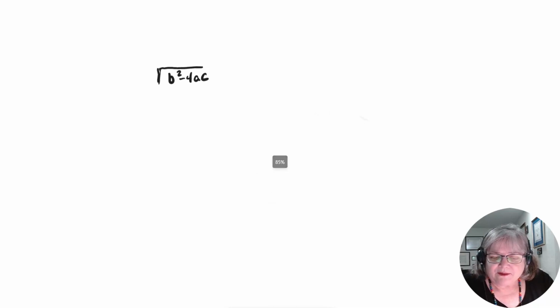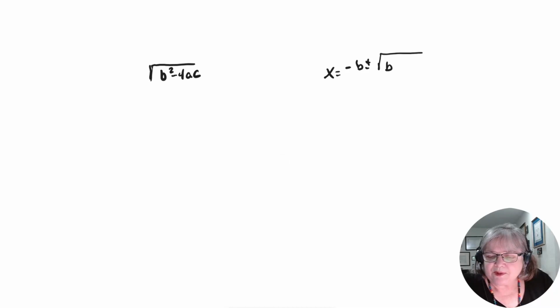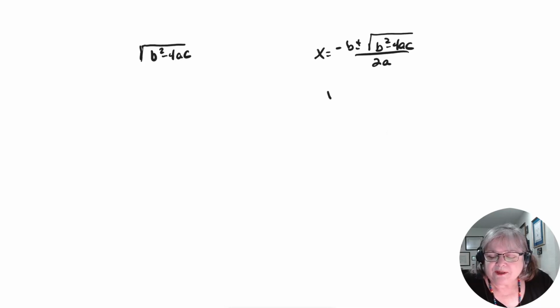Now, remember the quadratic formula goes x equals negative b plus or minus the square root of b squared minus 4ac all over 2a. Now, let's pretend for just a second that we had some numbers we've already figured out here. Let's say it was just a 2 and a 5.